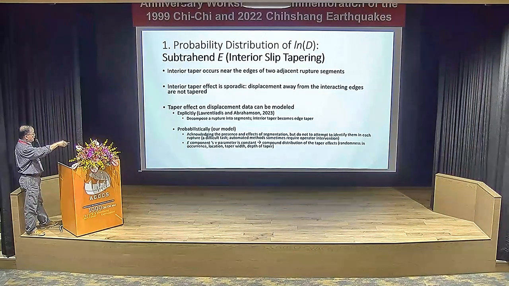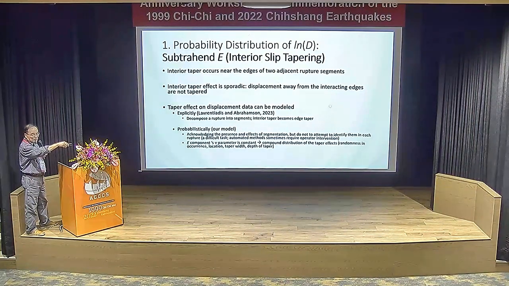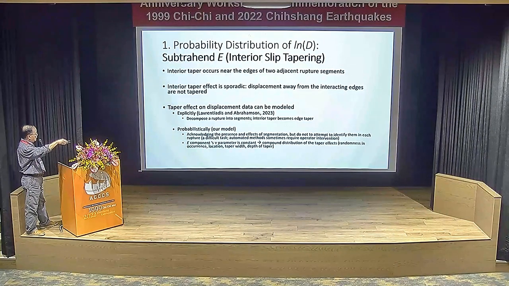So the tapering effect on displacement can be modeled, and it can be modeled explicitly, such as was done by Norm and his colleague Nick. They decompose a rupture into segments, and they model the slip within the individual segments. And in that case, the interior taper becomes the edge taper. Okay. We choose to model it probabilistically.